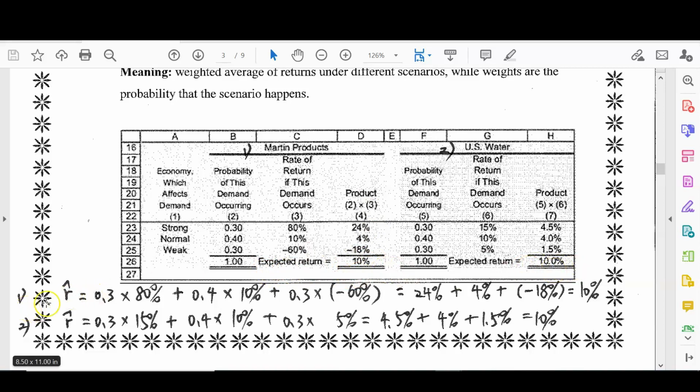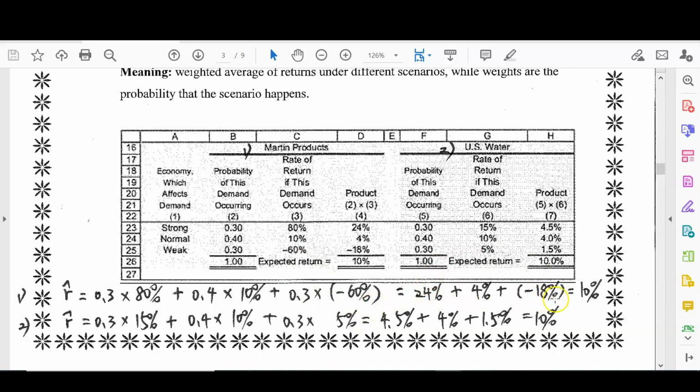We have 3 numbers here, added up, we would have the expected return of the 2 firms. Okay, for the first firm, Martin Products, R hat expected return would be the probability of a strong economy, 0.3, multiplied by its return in the strong economy, 80%, plus the probability of a normal economy, 0.4, multiplied by the rate of return in a normal economy, 10%, plus 0.3, the probability of a weak economy, multiplied by negative 60% rate of return in a weak economy.